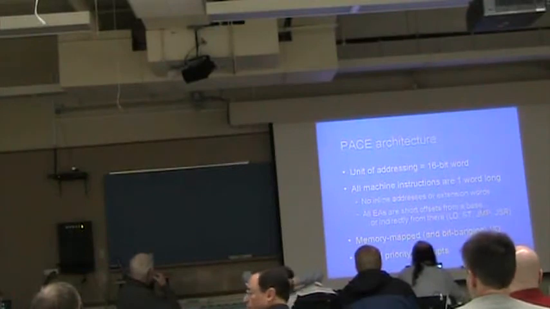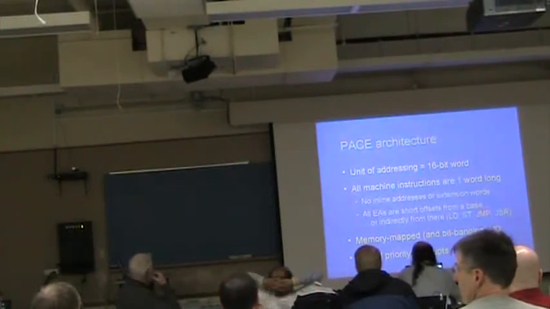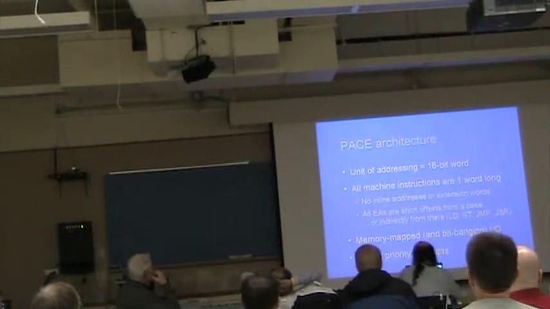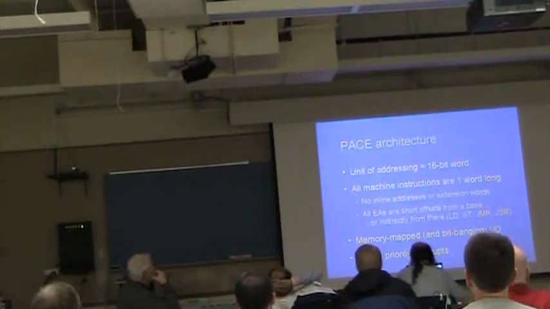Okay, so having decided on the character representation, let's talk about the mapping of the Forth machine onto the actual PACE hardware. So we'll start with an overview of the PACE architecture. As I said, its unit of addressing is one 16-bit word, and in fact all machine instructions were one word long.